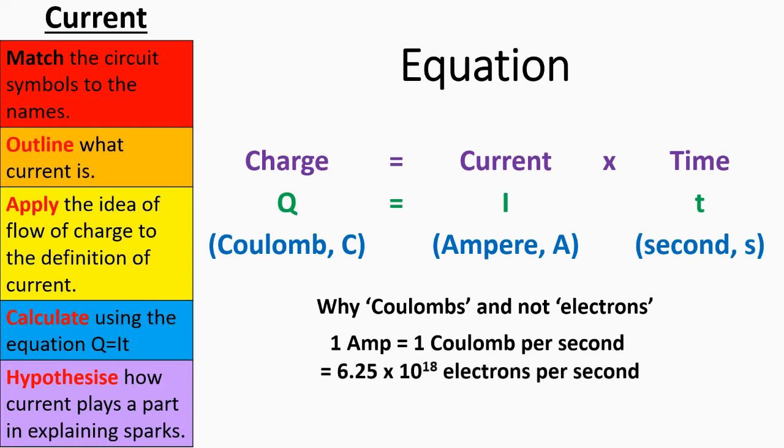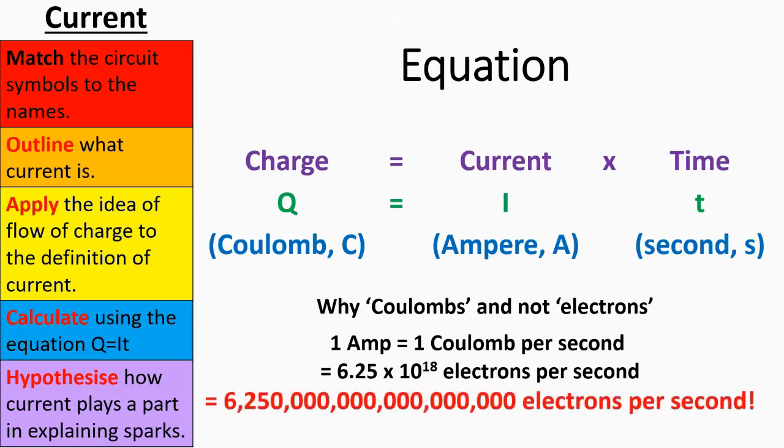And in fact, there are 6.25 times 10 to the 18 electrons in 1 coulomb. So 1 amp is 6.25 times 10 to the 18 electrons per second, or 6.25 billion billion electrons per second. That's an unimaginable amount of electrons and a very big number for us to be working with. So you'll be glad to know that we use the coulomb as a measure of charge.